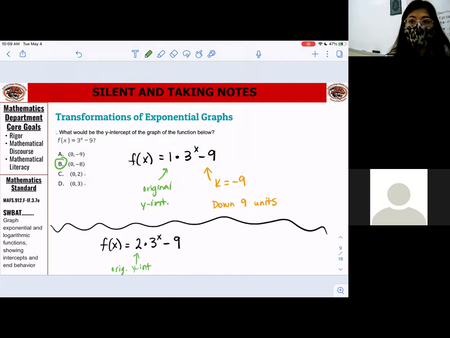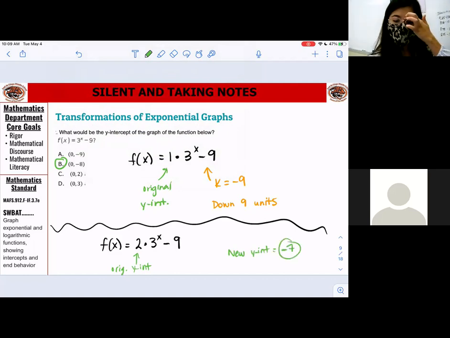And I'm going down 9 units, so the new y-intercept would be -7. So remember, the A tells you where you started from, and the K tells you where to go from there. And if you don't see an A value, then it's a 1. You always have to look out for invisible ones, because if they don't show it, you have to remember it's there. They will definitely try to trick you like that. You gotta be careful.